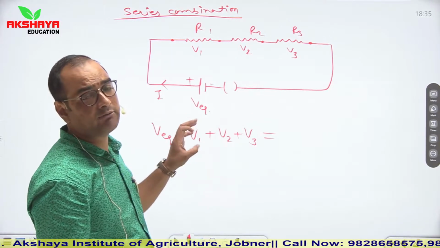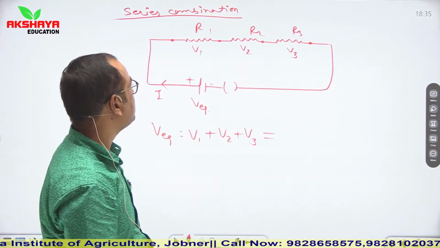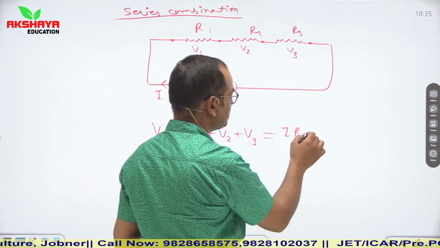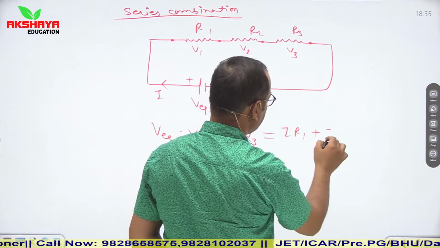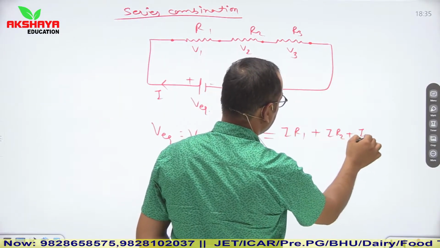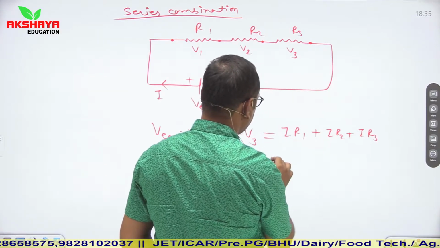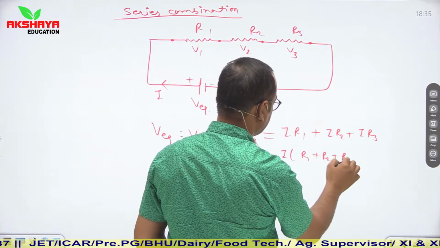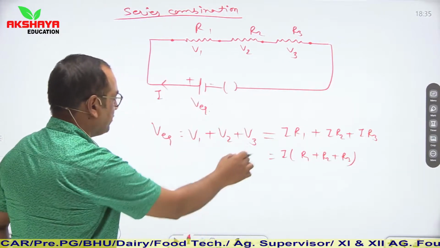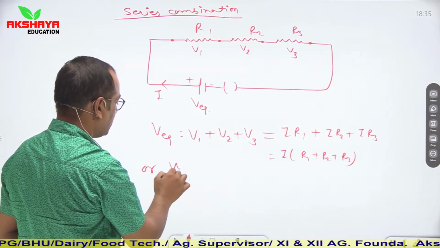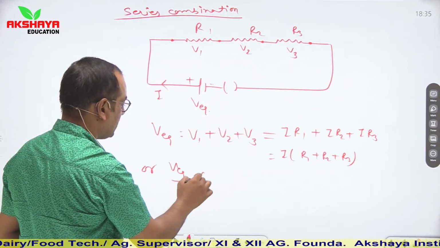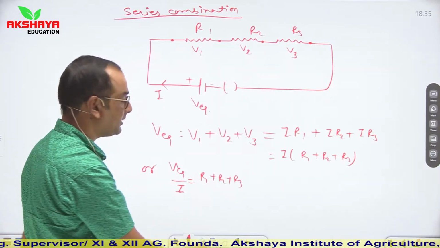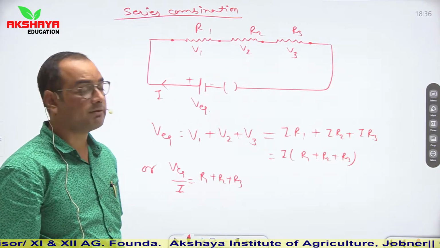So calculate the values of V1 plus V2 plus V3. V is equal to IR, we know it from Ohm's law. So for the first resistor, V1 is equal to I into R1 because current is constant. Across R2 it is I into R2, and across R3 it is I into R3. If we take I as common, it becomes I into R1 plus R2 plus R3. Clear? So V equivalent upon I is equal to R1 plus R2 plus R3, and V equivalent upon I represents the equivalent resistance.